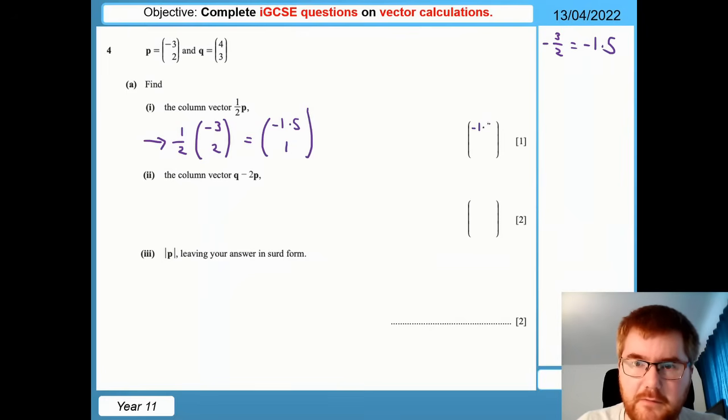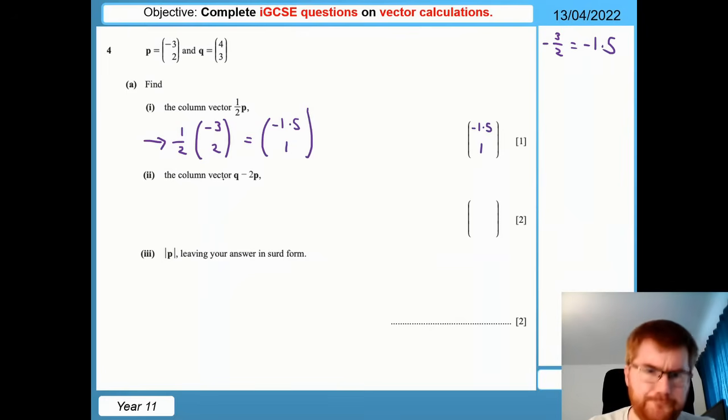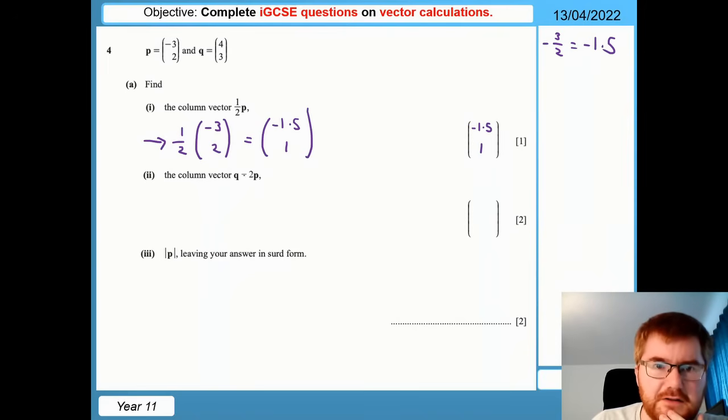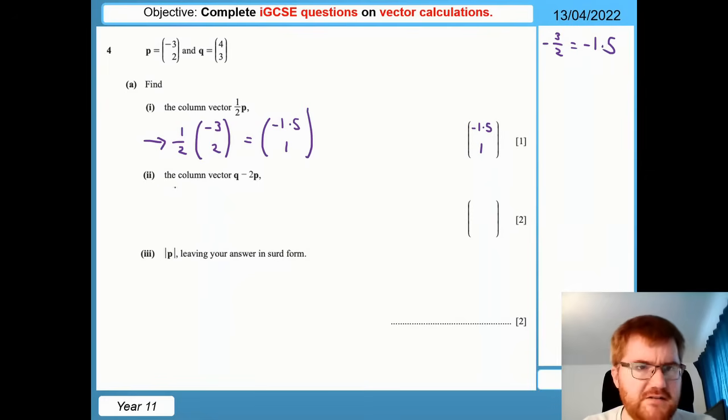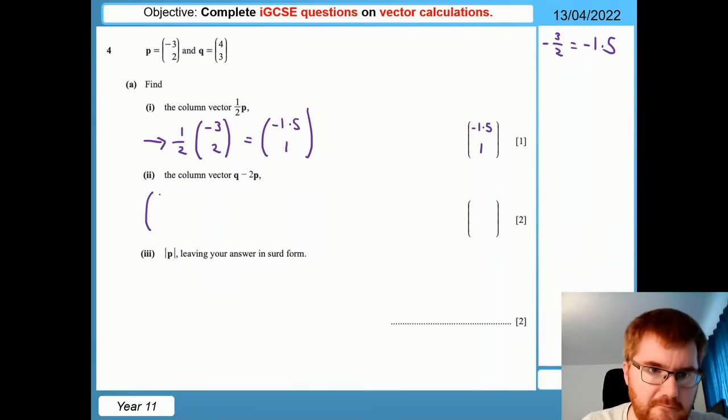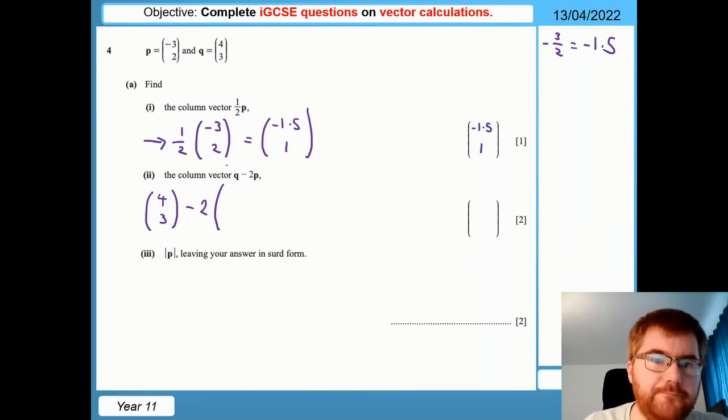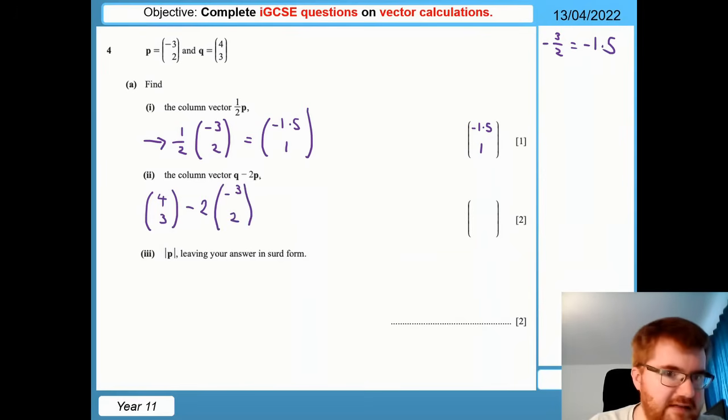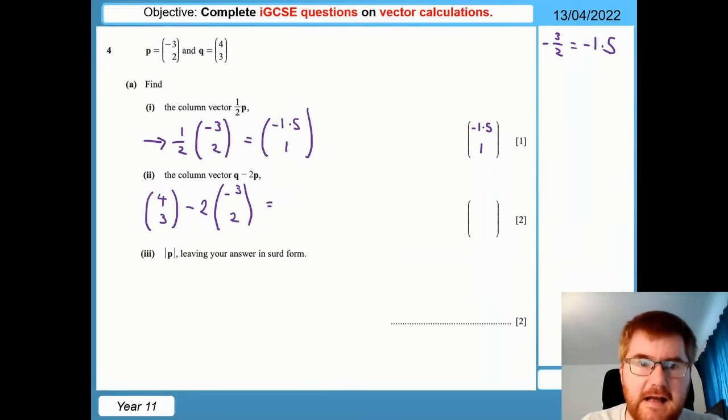So that gives us the column vector there, (-1.5, 1). Now a slightly more complicated calculation, the column vector q minus 2p. So q is equal to (4, 3) minus 2 lots of (-3, 2). So careful with those negatives at this point. Let's just work out this part first, a little bit of big maths.